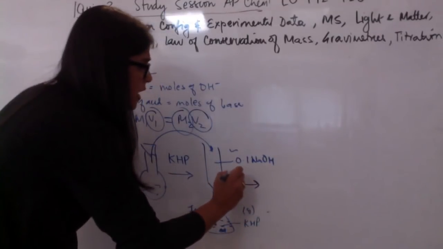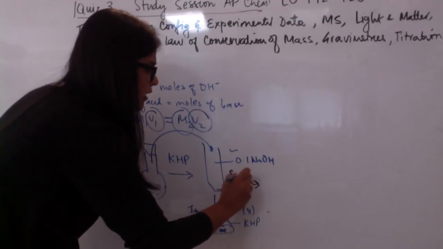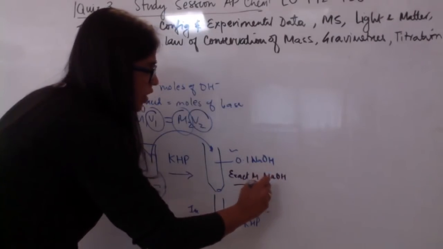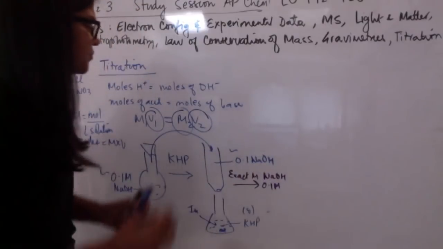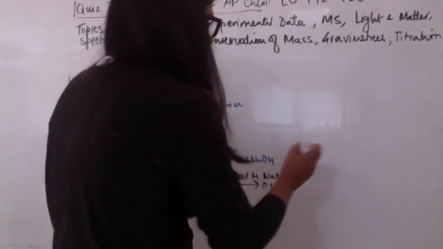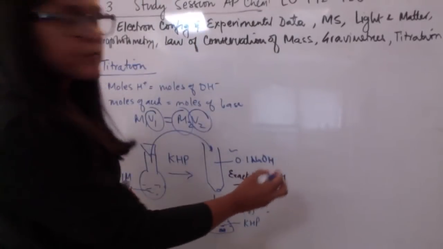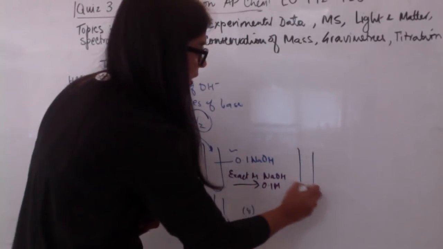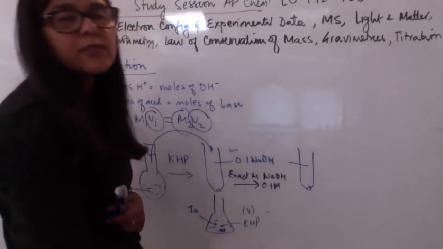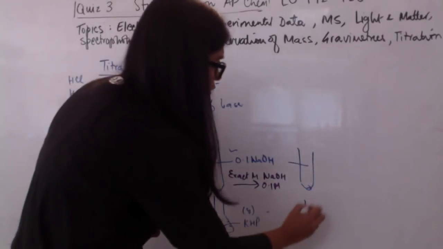Now we know the exact molarity of NaOH, which, let's say we got lucky, we got 0.1 molar. We still have that NaOH in the burette. And now we remove this flask and get a new flask.